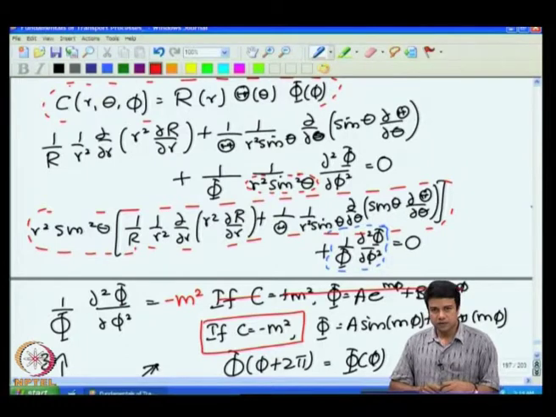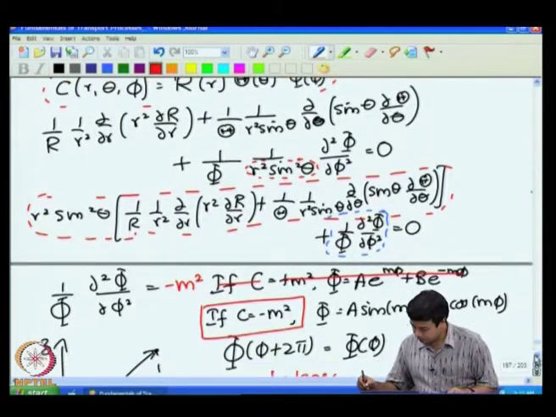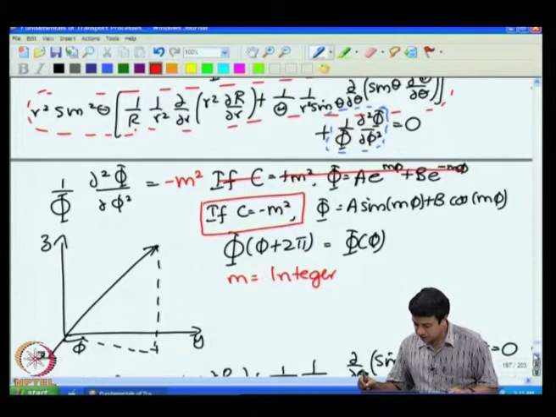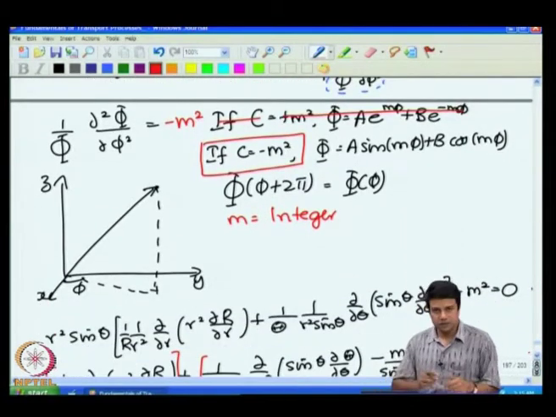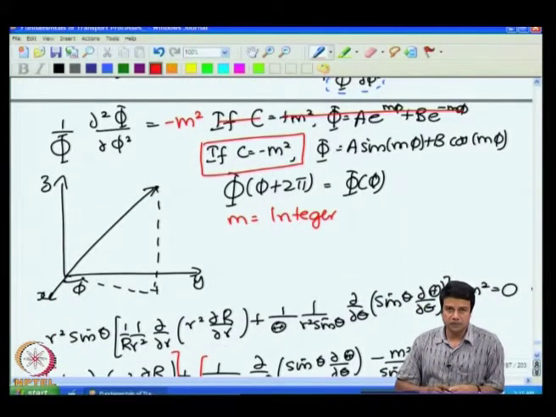And for the phi equation, I told you that 1 over capital Phi times d square Phi by d phi square has to be equal to minus m square, where m is an integer. That follows from the requirement that when I increase the angle phi by 2 pi, I come back to the exact same location in space.